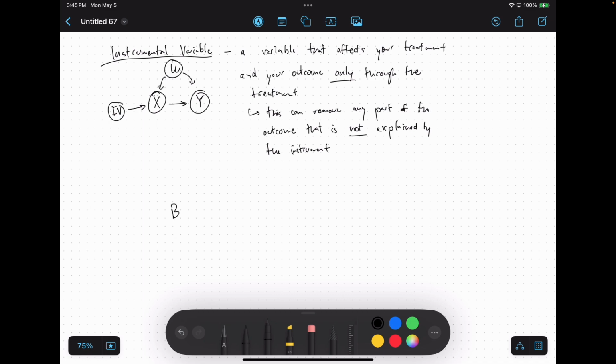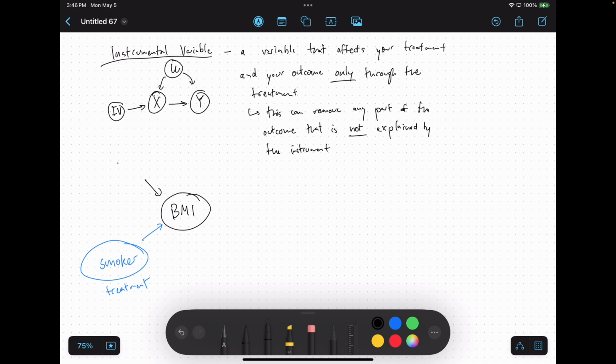So let's say I'm interested in an outcome of BMI and I have a treatment of whether or not someone is a smoker. So this is my treatment. Unfortunately, you have a whole bunch of possible things that could be affecting someone's BMI besides whether or not they smoke, right?